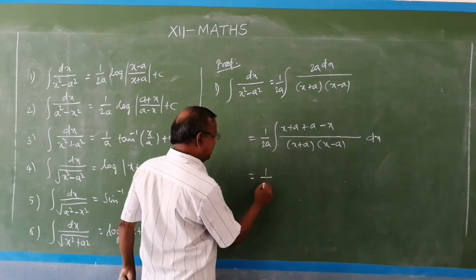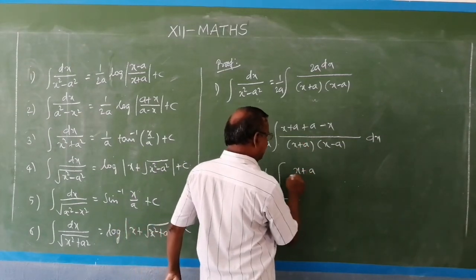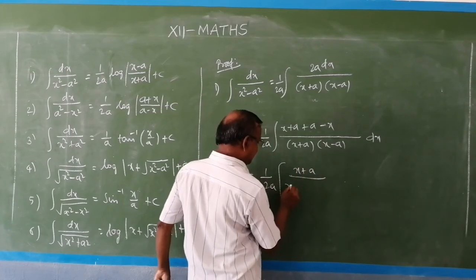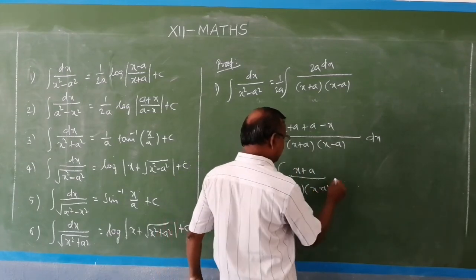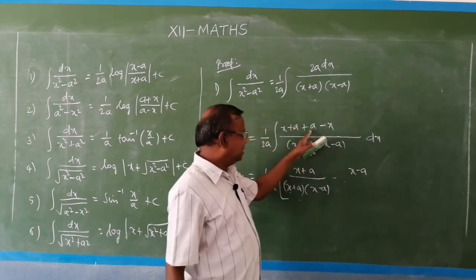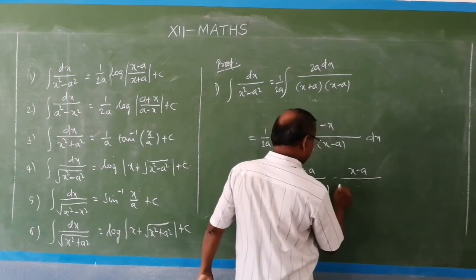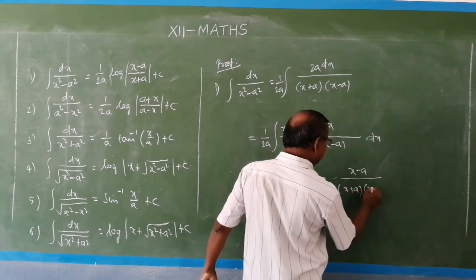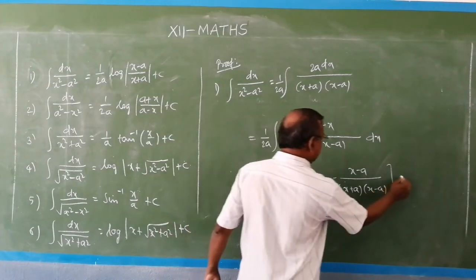Now this is 1 by 2a into x plus a divided by x plus a into x minus a, and minus of x minus a. So I have taken minus, so this will become positive and negative. X minus a divided by x plus a into x minus a, integral dx.